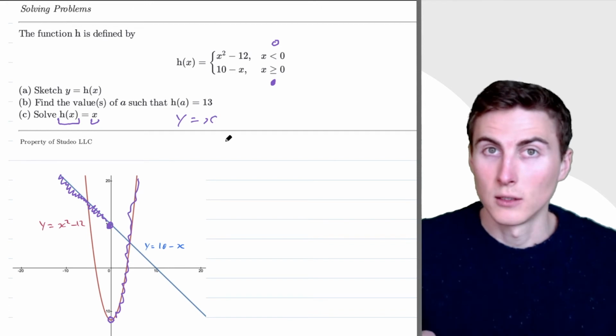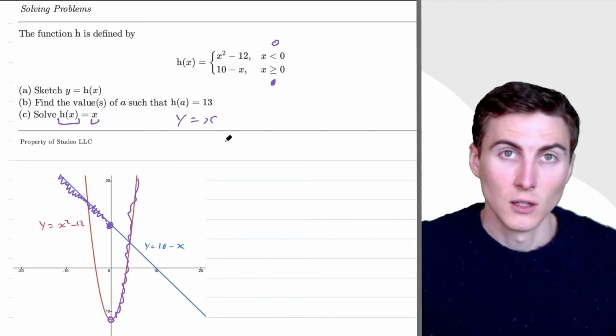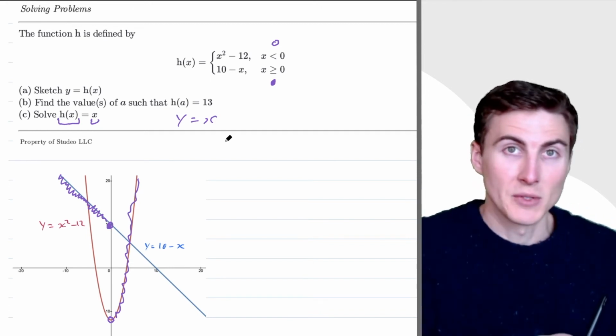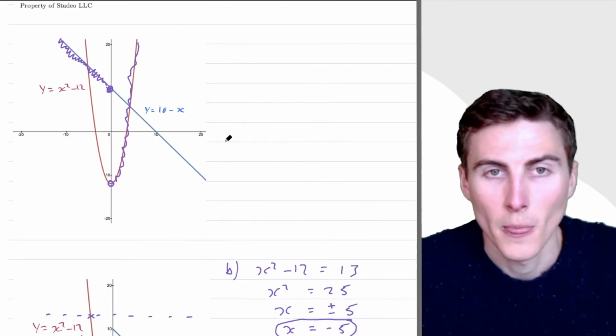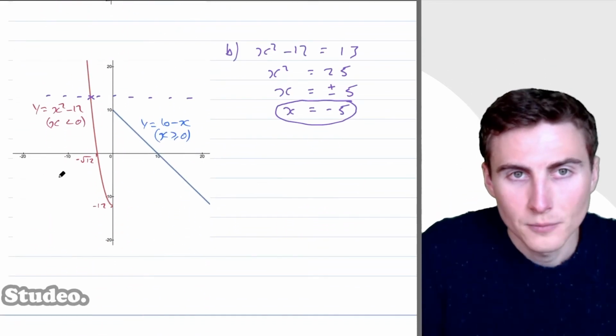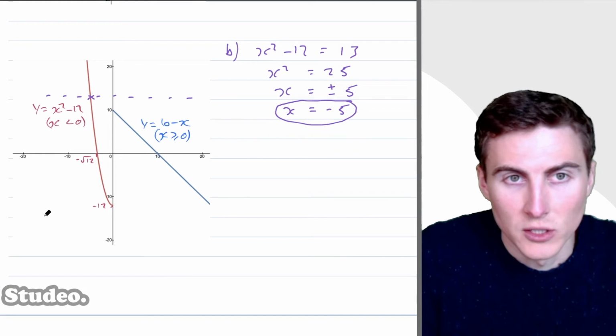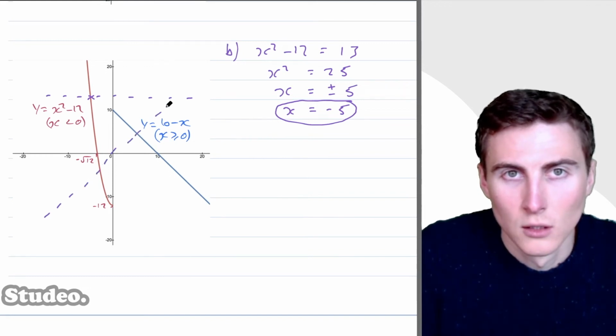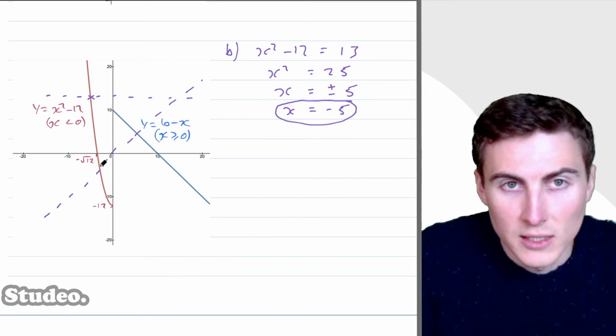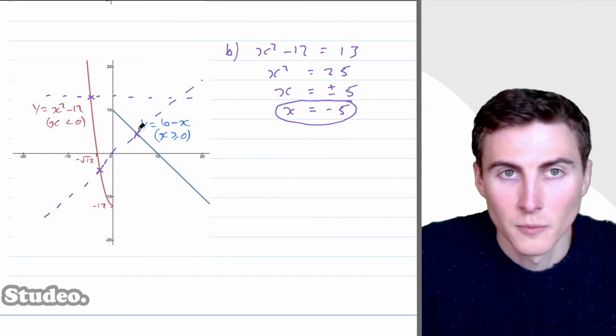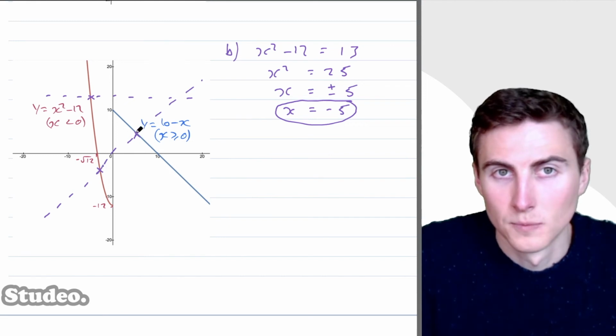So we can draw the line y equals x and see where that line intercepts our h(x) function. It's just a straight line across here, so it's going to intercept here and also here. So it's these two points that we want.